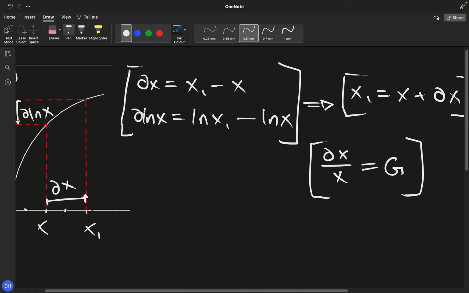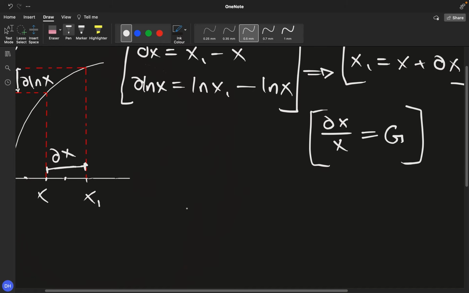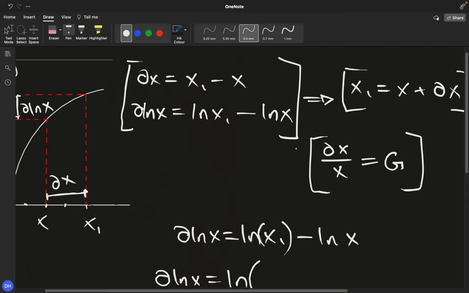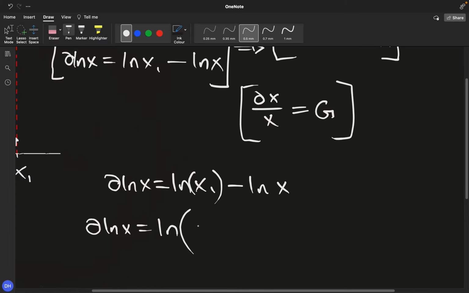So let's take this equation here. Delta log x equals log of x1 minus log x. And I'm going to substitute this x1, just write this out again, equals log of, plugging in our definition for x1 up here, x plus delta x, minus log x.